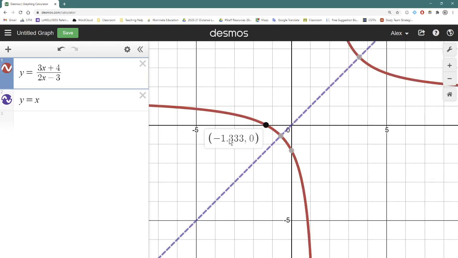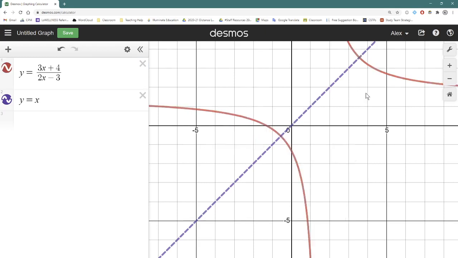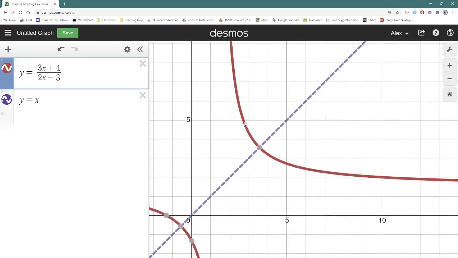The x-intercept right here is at -1 1/3, comma 0. And the corresponding point, by switching the x and y coordinates, is 0, -1 1/3. And so this graph is already symmetric across the line y equals x, and therefore is its own inverse.